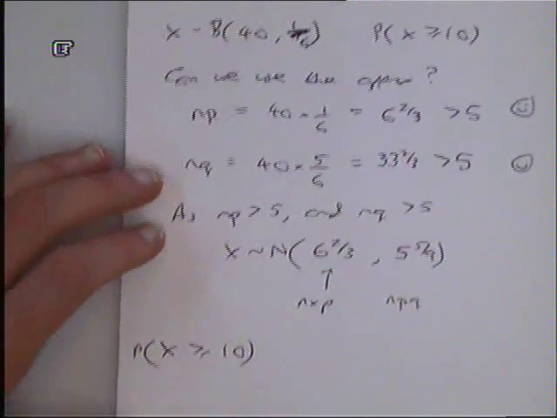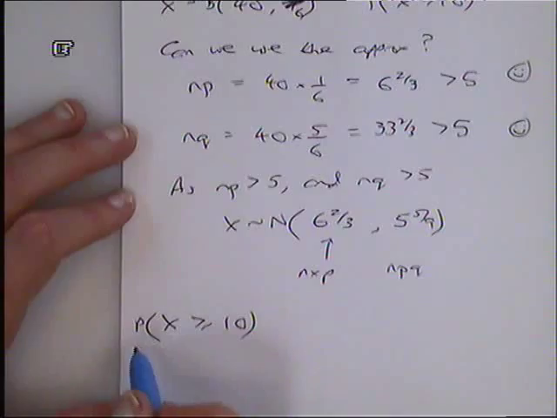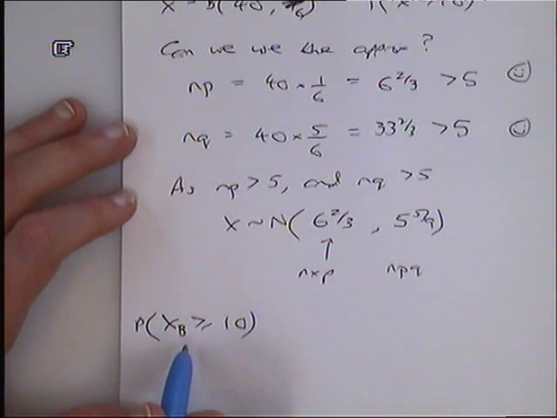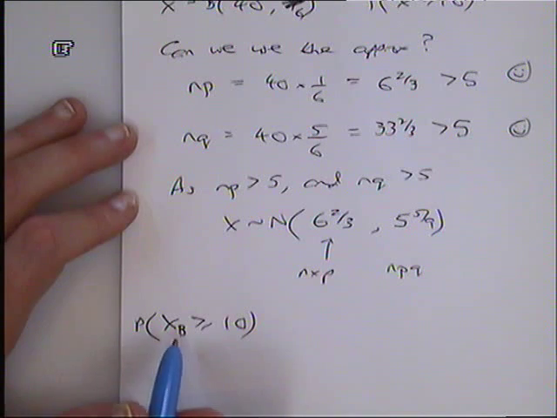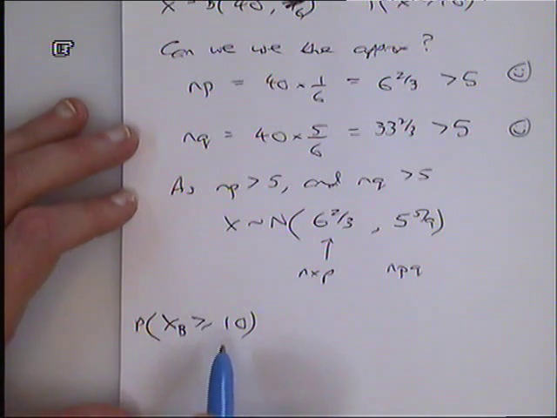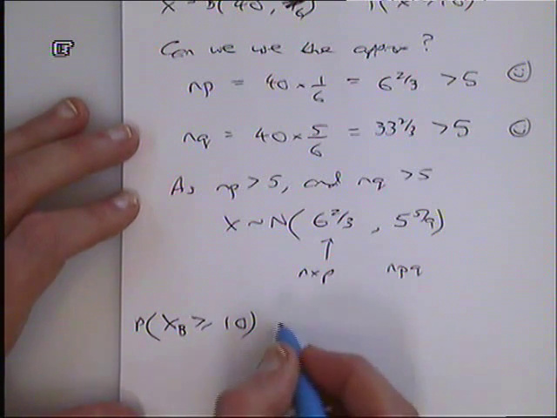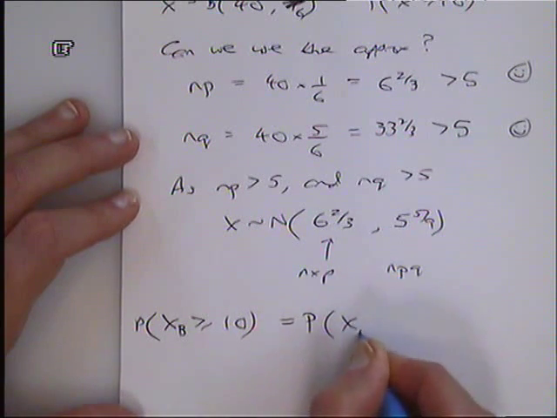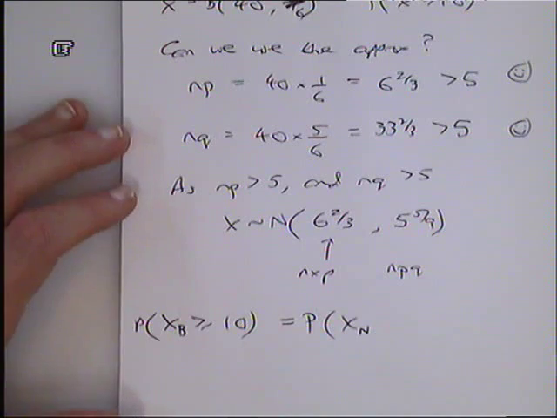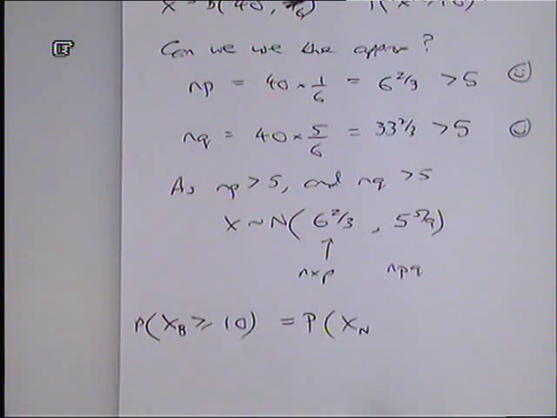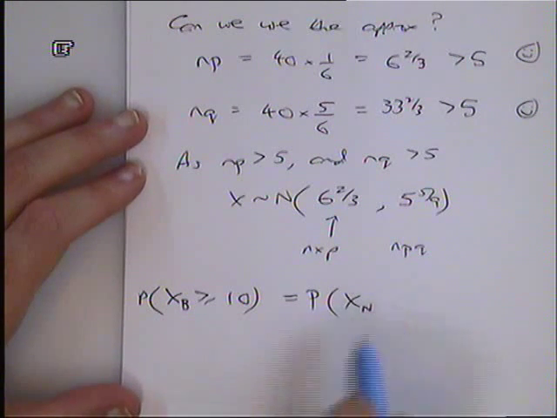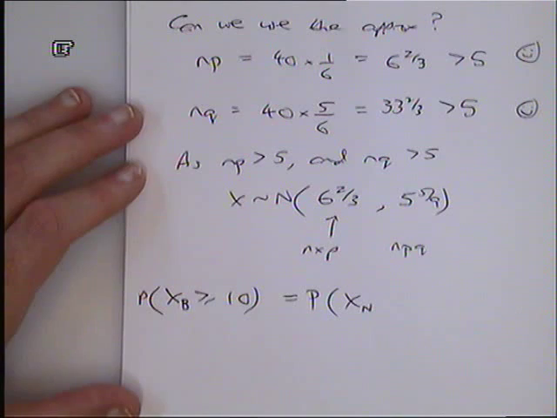So, what I always get people to do now is this. Our original question was X based on the binomial distribution, and put that B in there, became X is greater than or equal to 10. But we are going to change that now into our X based on the normal approximation. We wanted 10 or more.